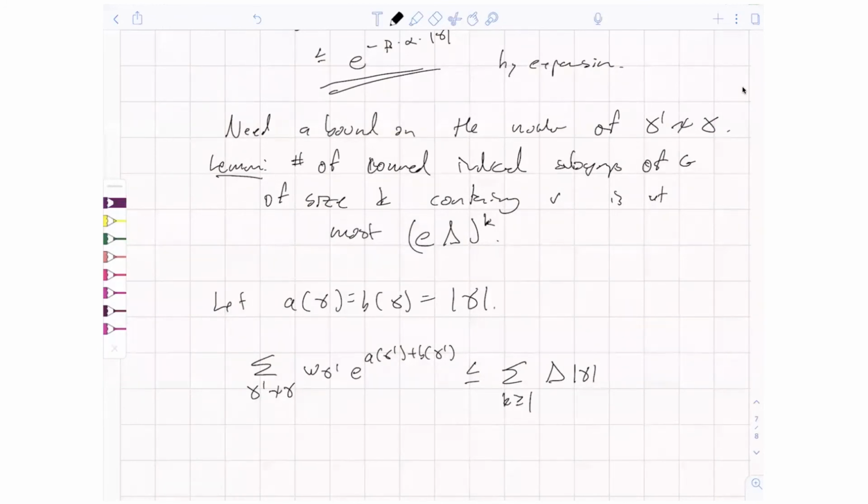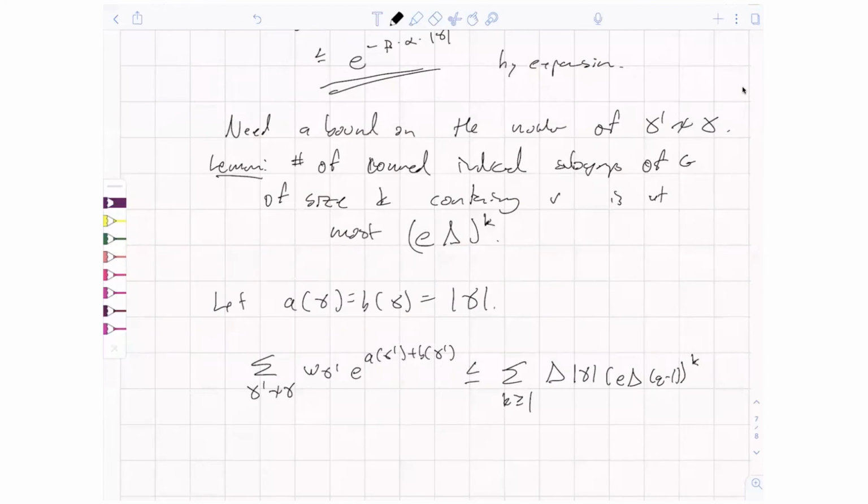And then we have a factor of e delta to the K, which would be the number of connected induced subgraphs. We also have a Q minus 1 for the number of ways to color this connected induced subgraph with the non-red colors. So this is a bound on the number of polymers of size K incompatible with gamma.